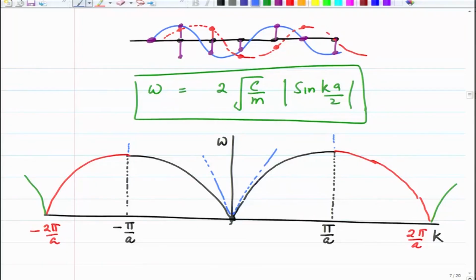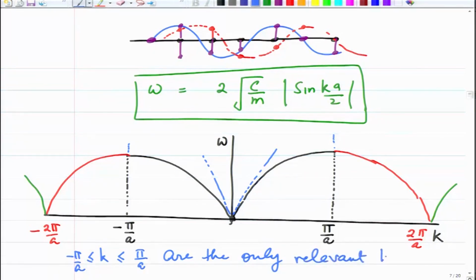After that it repeats itself. So, I am just going to make a statement and then justify it further, that only k in the range pi over a and minus pi over a are the only relevant k's to describe the behavior of vibration of this discrete lattice.